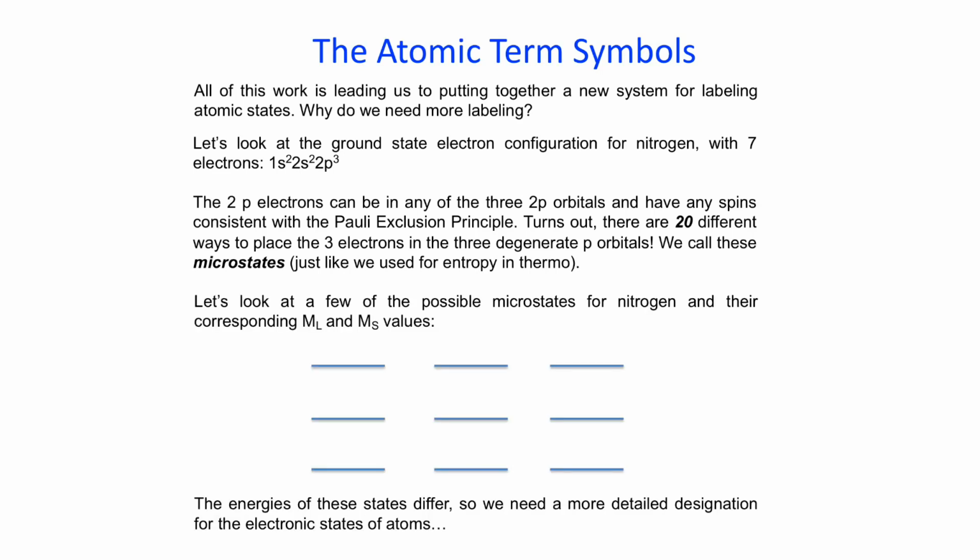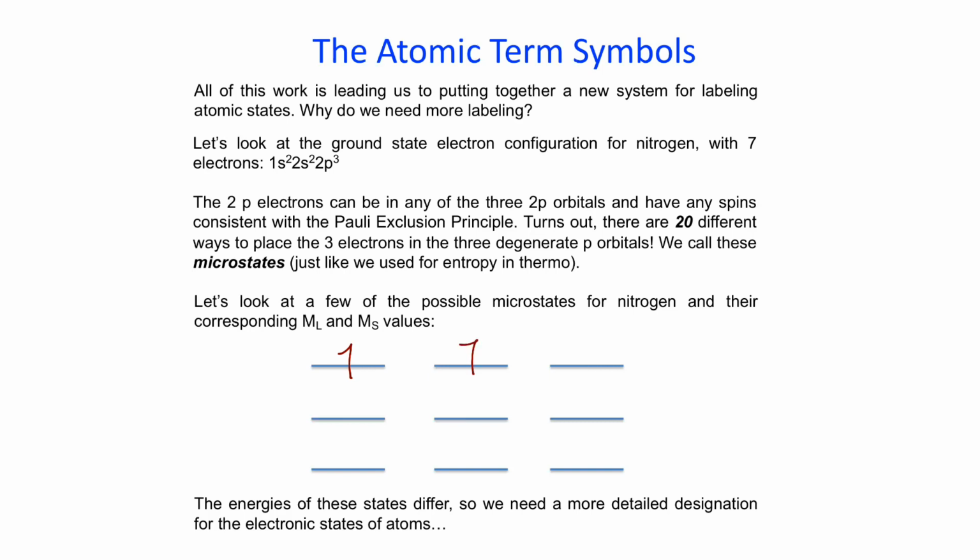Let's look at a few of the possible microstates for nitrogen and assign the corresponding m sub L and m sub S, or big M sub L and big M sub S, values. I am just going to start drawing a few options. There are, again, 17 more in addition to what I'm going to draw.